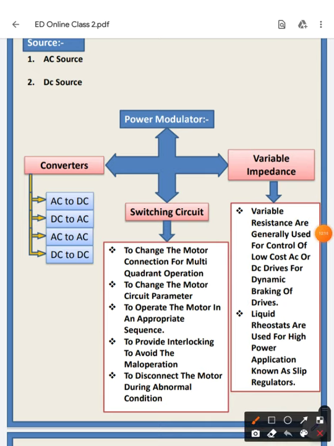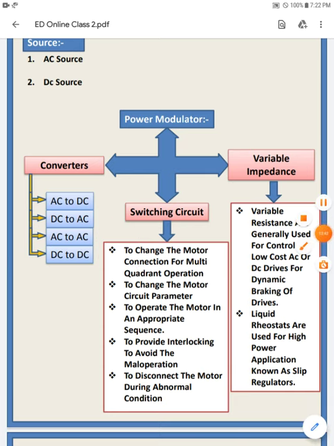To change the constant AC input into variable AC input, which may increase or decrease, you need to go for the AC to AC converter. Similarly, in a variable DC drive system, if the input is DC and you need variable DC, then you have to convert that fixed DC into a variable DC source.